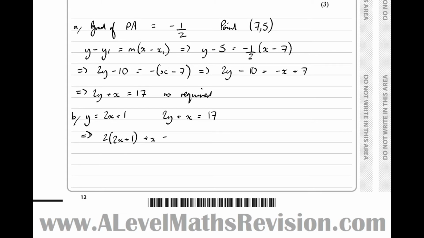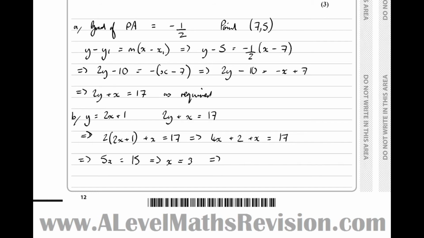plus x equals 17. Multiplying that out, we get 4x plus 2 plus x equals 17, which in turn means that 5x, and 17 take 2 is 15. So 5x equals 15, which means that x equals 3.